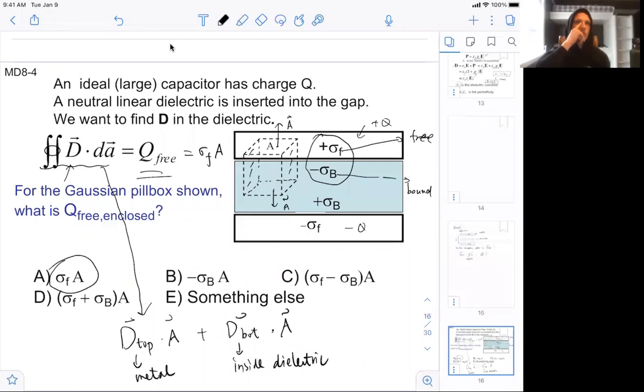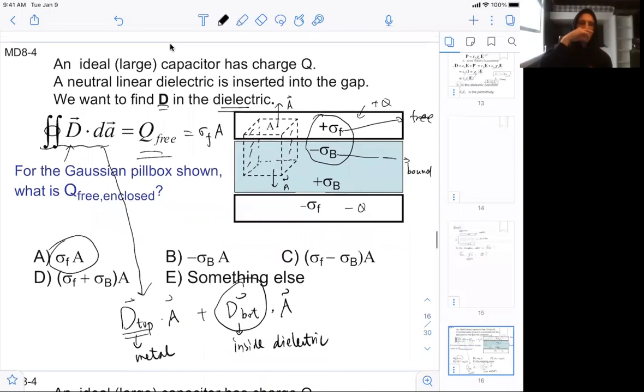We want to find D in the dielectric, and we're just interested in this, but the metal term also enters into our equation. So how do we find D inside the metal? Go back to our definition: D equals epsilon naught E plus P. So what is P inside the metal?